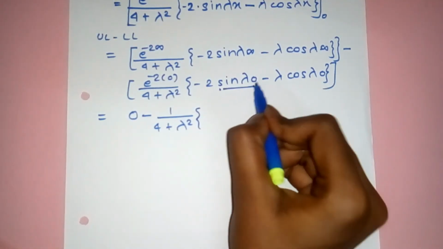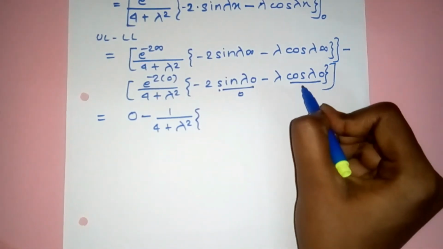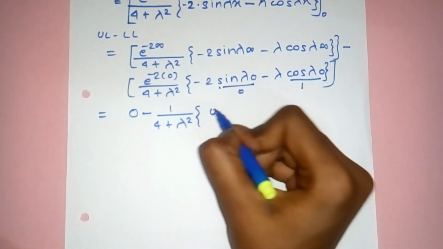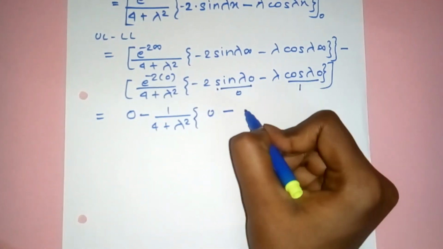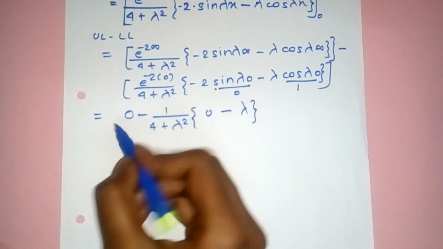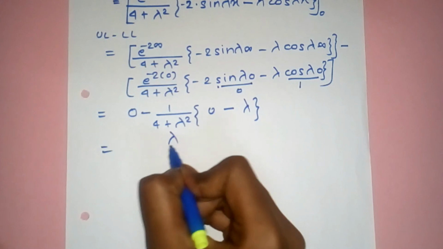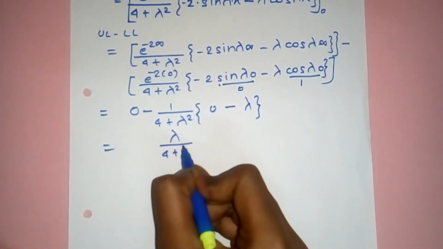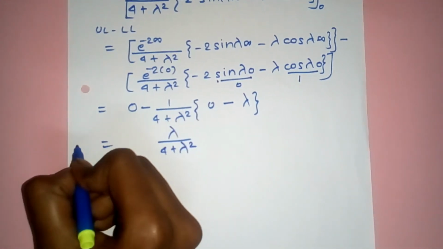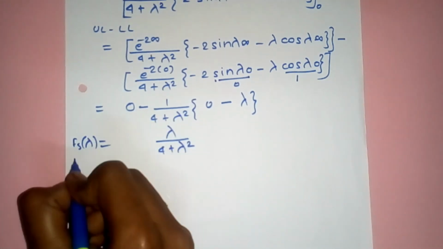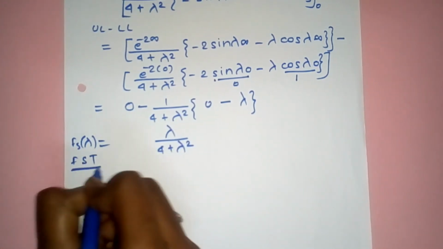Sine 0 is 0, cos 0 is 1. So 0 into 2 will become 0, minus 1 into lambda will become minus lambda. Then we have minus minus, which will become plus. It will become lambda upon 4 plus lambda square. Now this is Fs of lambda, that is FST, Fourier Sine Transform.